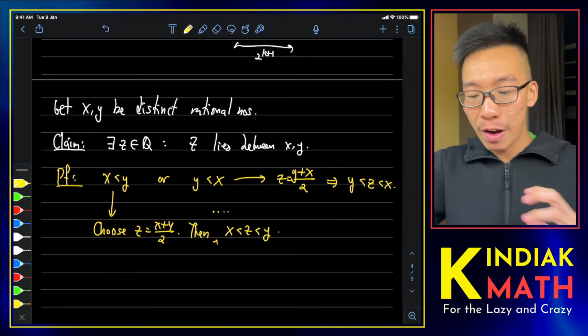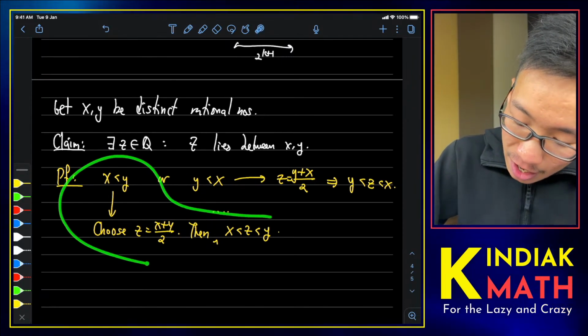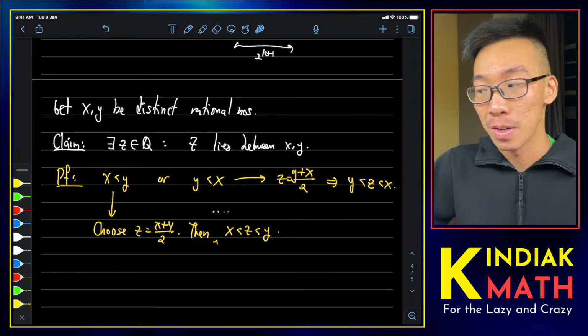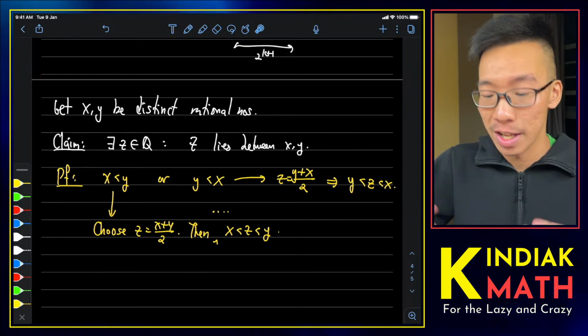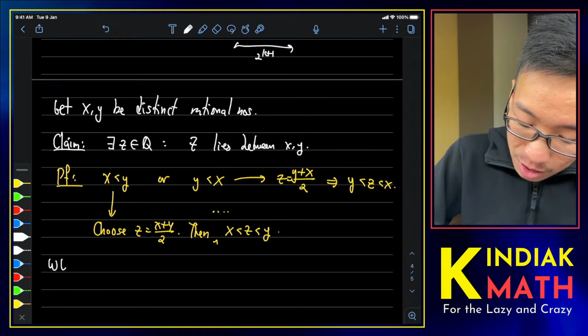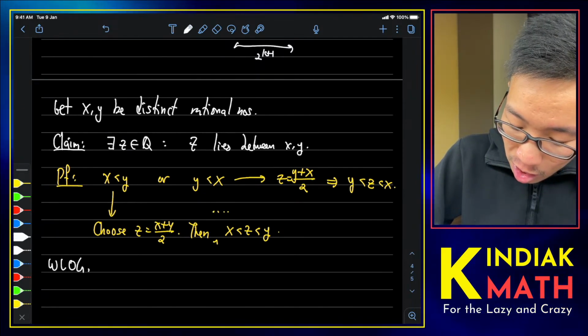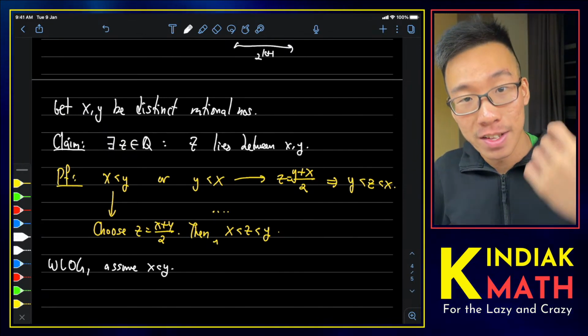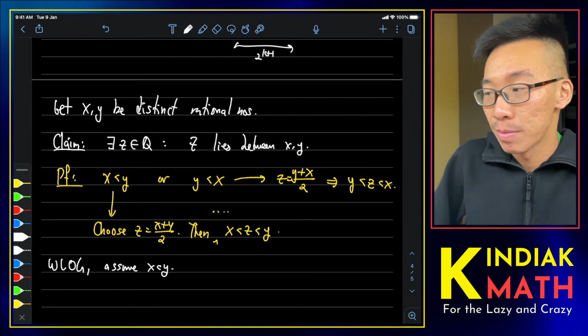Now, if you look very carefully at the argument, this argument and this argument are exactly the same. In other words, these two cases are not really that different. So we like to say, without loss of generality, assume x is less than y. Because in the other scenario, we're going to use the exact same proof.